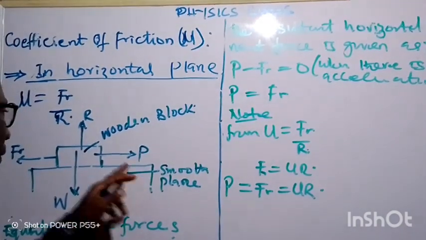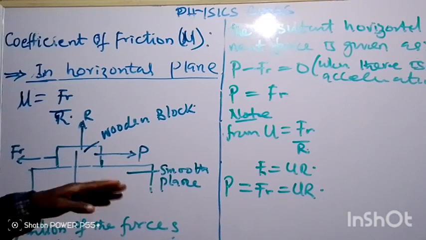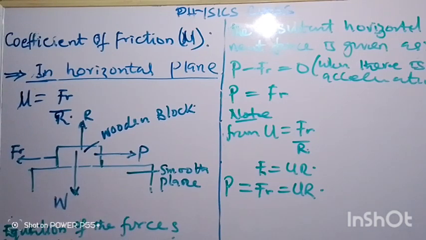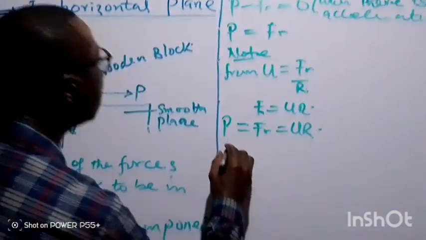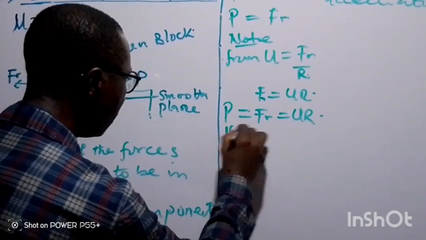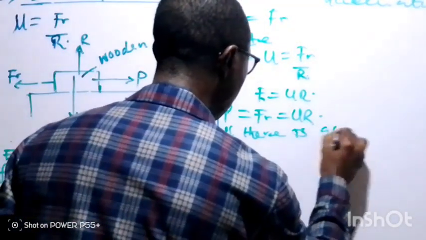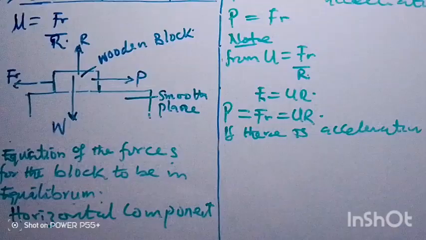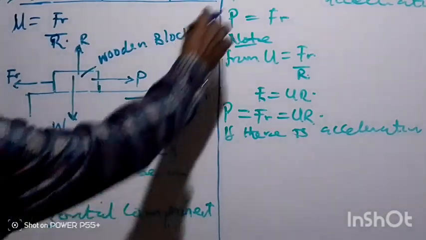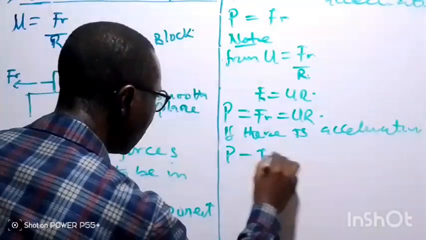Now, if this body needs to move forward, or slightly move forward, then we need to consider the acceleration. If there is acceleration, the resultant accelerating force will now be equal to P minus Fr is equal to ma.